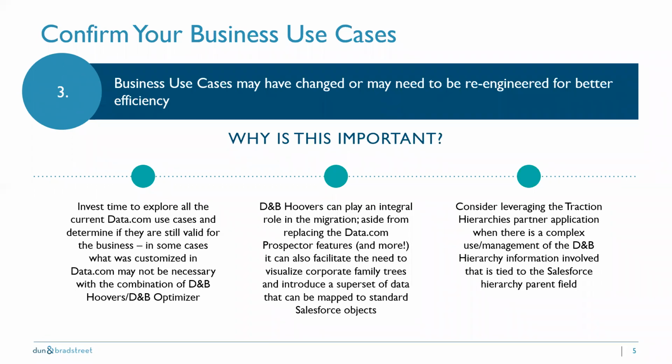With that, there are a lot more features available and a lot more ways to integrate data into your platform. What we're finding is that the combination of Optimizer and D&B Hoovers does a whole lot more than data.com ever did. So we encourage customers to look at those capabilities.